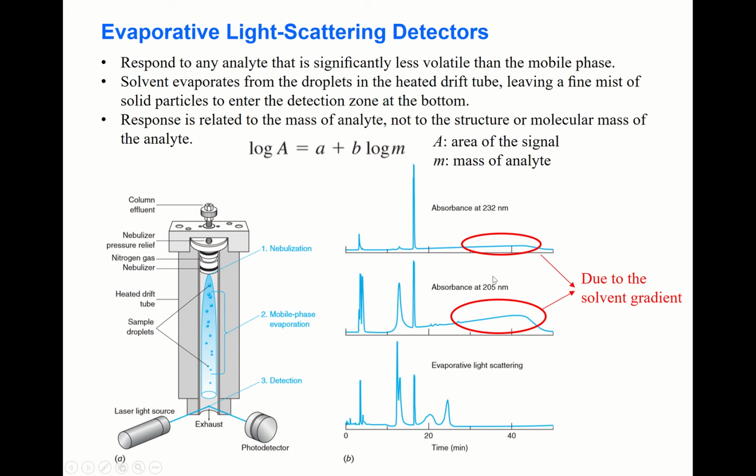This is not a real signal, but is due to the solvent gradient. Usually in an HPLC experiment you use a solvent gradient, so this reflects the solvent gradient. But inexperienced people may think, oh, there is another peak, right? But that is not true.